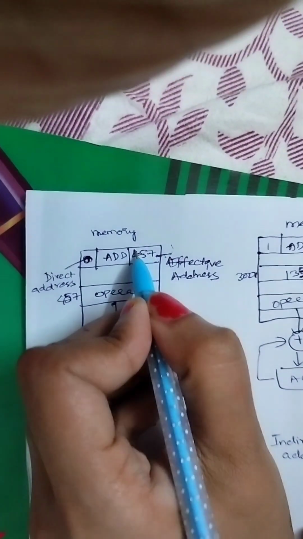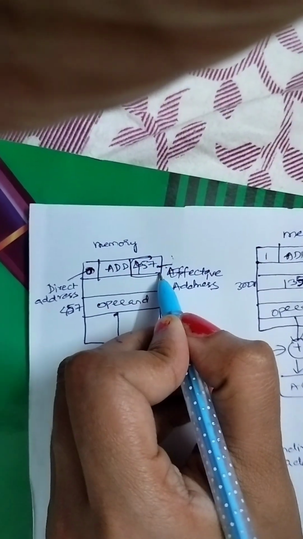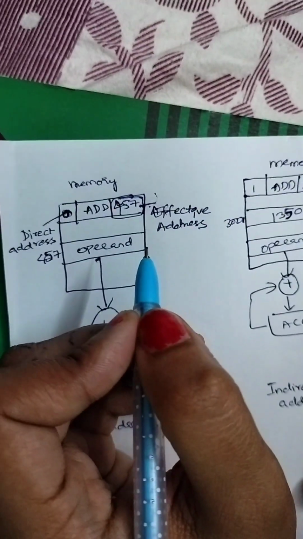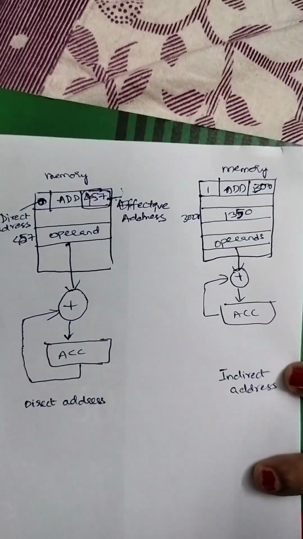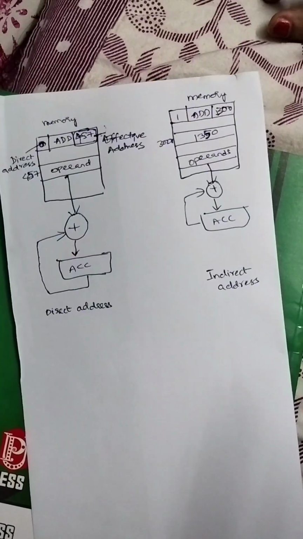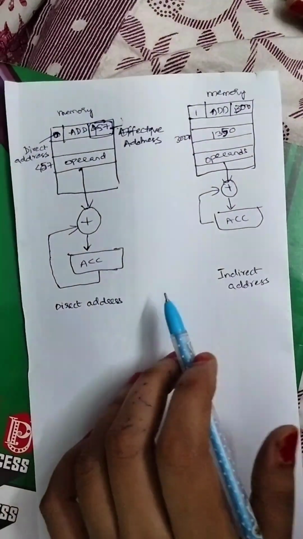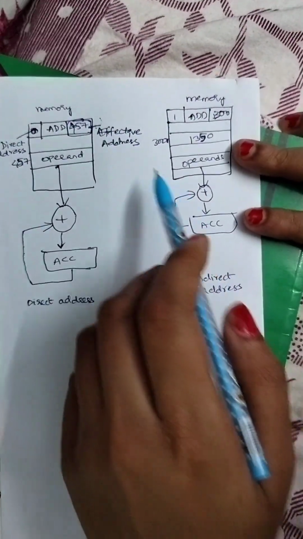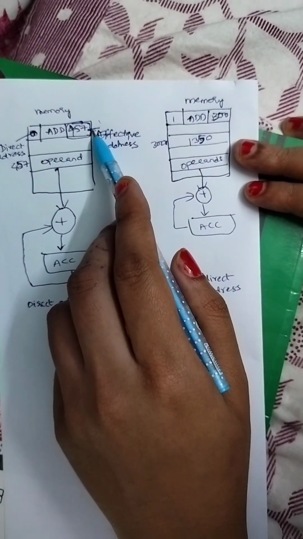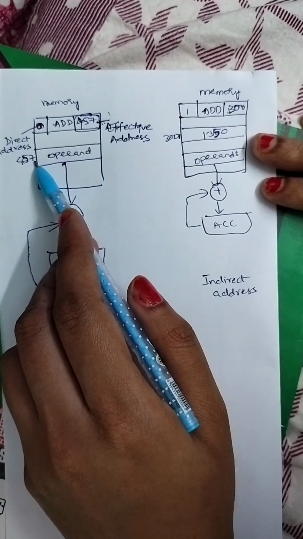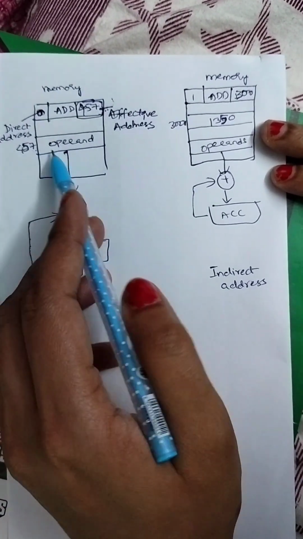So this 457 is the effective address. Now this 457 goes to the address and this points out the operand.